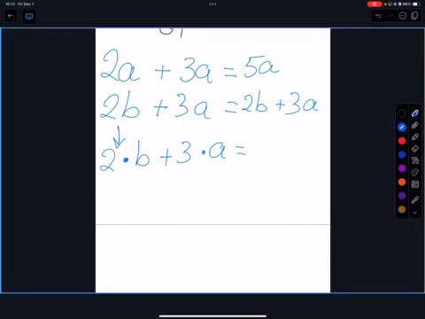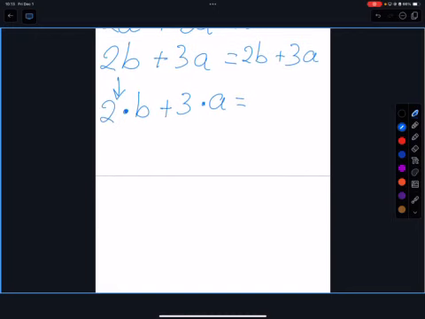Next up, things become difficult. If you have a to the power of 5 divided by a to the power of 3, correct. So, if multiplication, you add the exponents, that means division, you subtract the exponents.